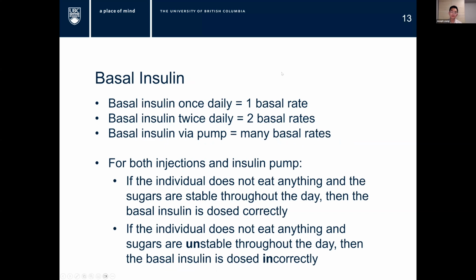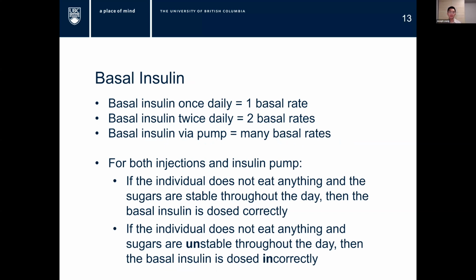So first, let's tackle basal insulin. Typically, basal insulin is given once a day when it's given by injection, and that basically means there's only one basal rate that's possible. Example, let's say we're giving glargine insulin, 24 units once a day.